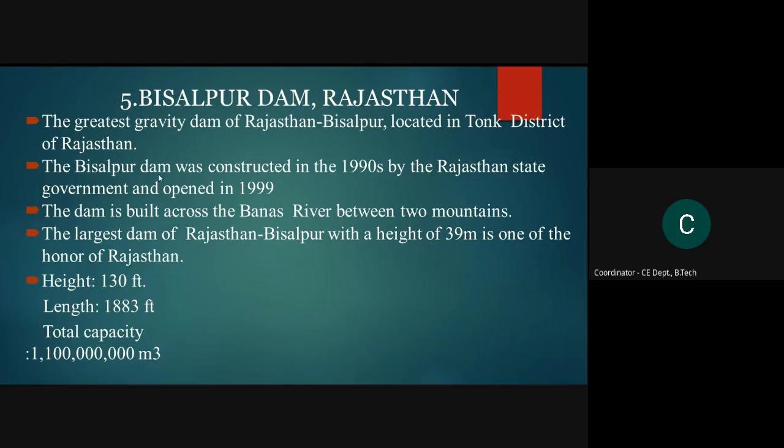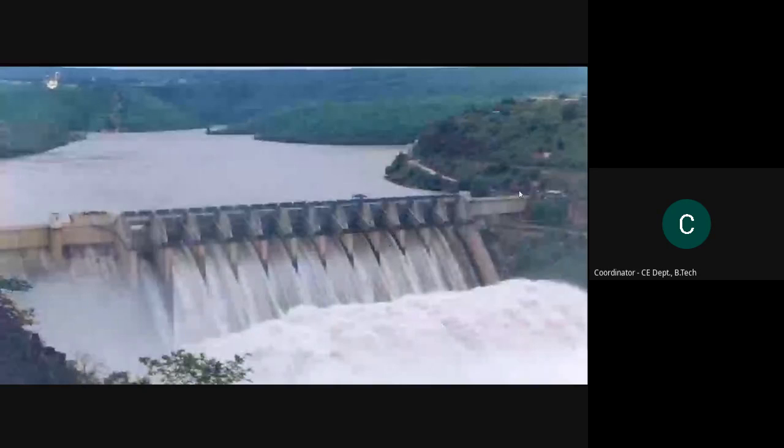The Bisalpur Dam was constructed in the 1990s by the Rajasthan state government and opened in 1999. The dam is built across the Banas River between two mountains. So as you can see, this is between these two mountains. The river is coming, and in that place the dam has been constructed.